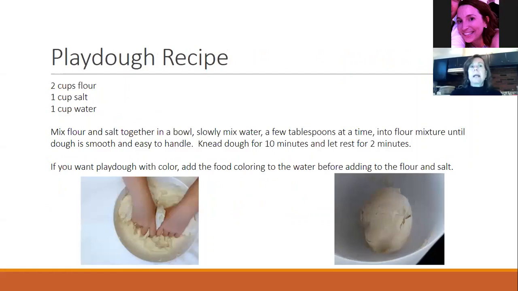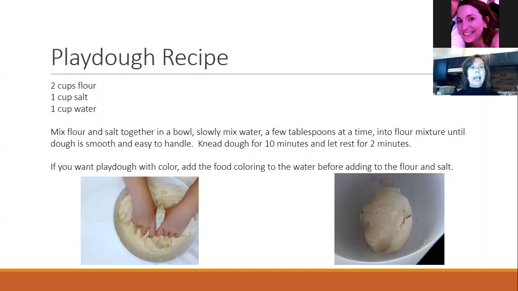So here's the Play-Doh recipe, real simple. 2 cups of flour, 1 cup of salt, and 1 cup of water. All you're gonna do is just mix this all together. You're gonna knead it for about 10 minutes, and then you're just gonna let it rest for about 2 minutes. I found out the hard way that if you wanna add color to your Play-Doh, you wanna put the food coloring in the water.